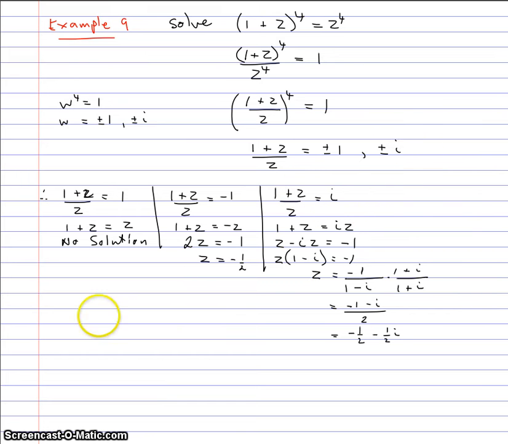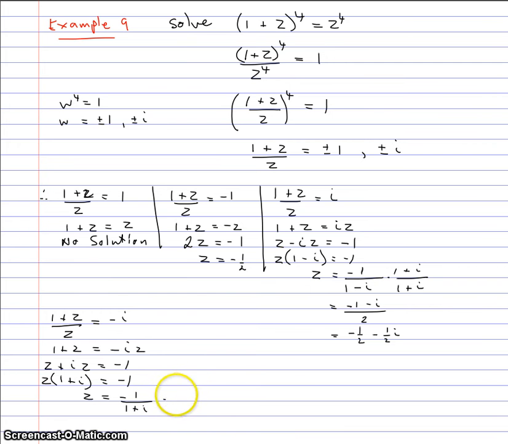Now we've just got one more to go through, and that is 1 plus z over z equals negative i. Solving for that one, we've got negative iz. Bring that over here, we have z plus iz equals negative 1. Factorise: z times 1 plus i equals negative 1, and then z equals negative 1 over 1 plus i.